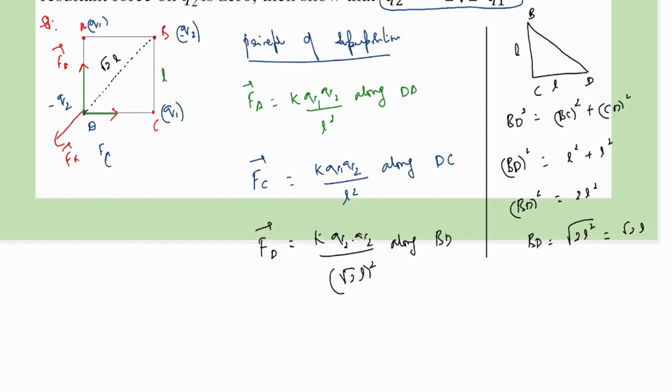So if the net force is 0, it implies that the resultant of Fa, there is Fa like this, there is Fc like this. The resultant of Fa and Fc would be some force, and that force would be along this direction. So it basically means that the resultant of these two forces would balance this force. So we'll do it step by step.